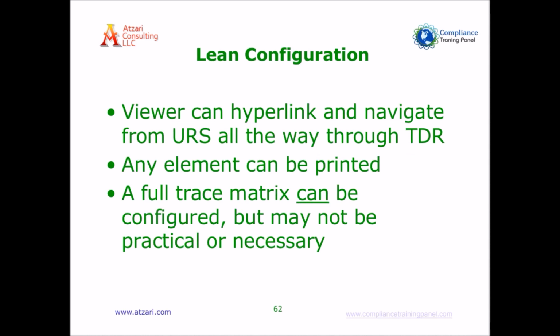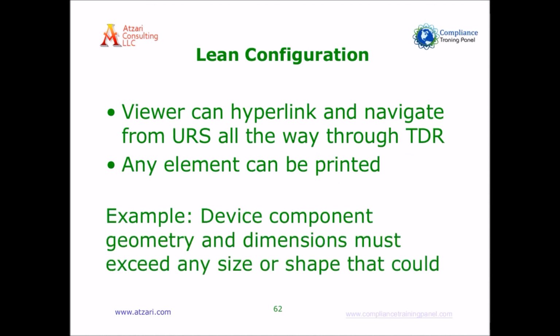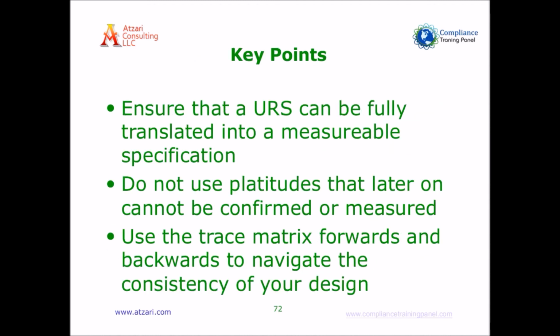Any of these elements can be printed if you so choose, and you can configure a whole trace matrix on a database. Now, that may or may not be practical or necessary. So you can choose a spreadsheet or you can have it on a database. So you want to make sure that a user requirement spec can be fully translated into a measurable spec.